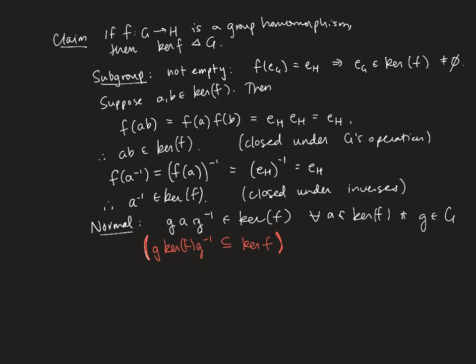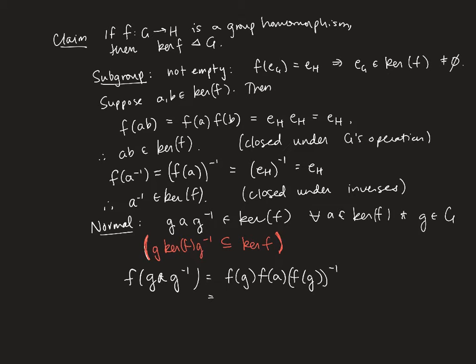So let's see what happens if we apply f to this element. In order for this to be in the kernel, we need to show that we get the identity back. So we've got f of g a g inverse. By the definition of group homomorphisms, this is f of g, f of a, and then f of g inverse, but as we saw above, that's really f of g inverse.